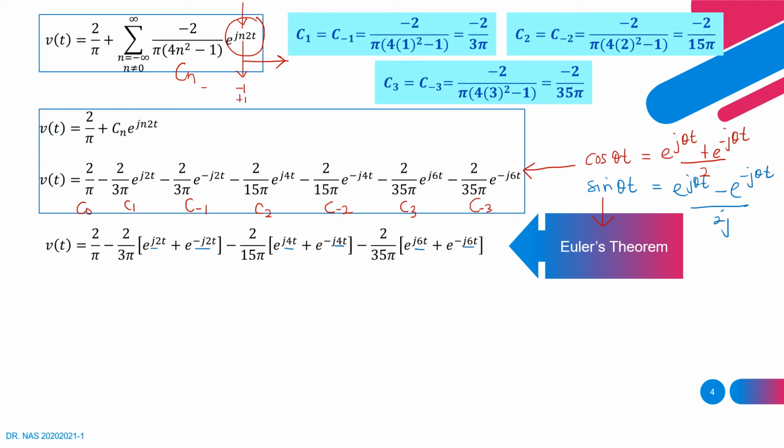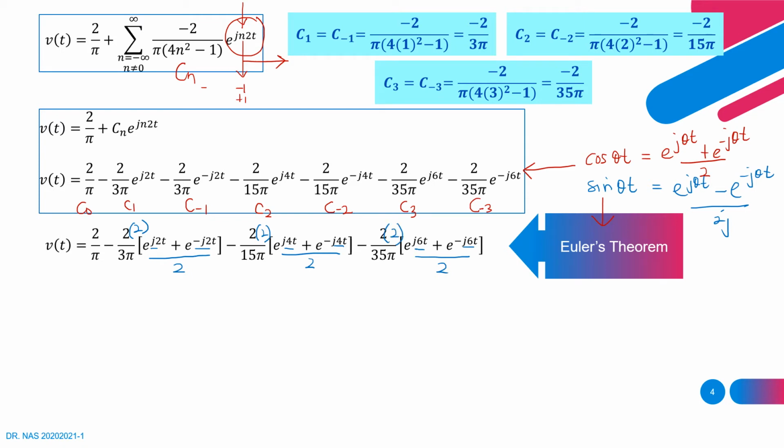This is basically in cosine shape, so to get this into cosine, it must be divided by 2. So you need to multiply here by 2. Same goes to the omega equal to 4, divided by 2, multiply with 2. And also the third harmonics, divided by 2, multiply with 2.